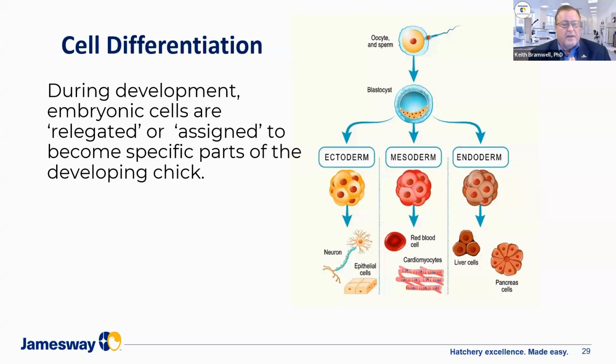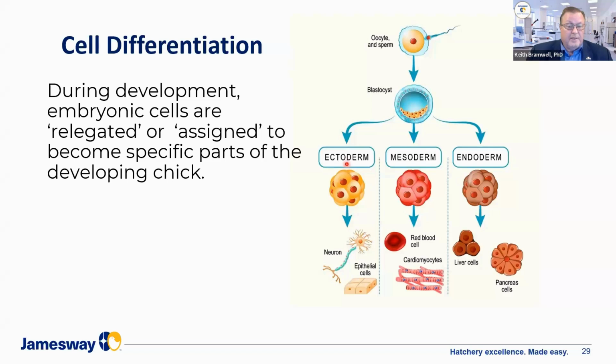But during that development process, once the egg is fertilized and we start seeing embryo development, we have a procedure called cell differentiation. Essentially, that's where certain embryonic cells are assigned to become different parts of the chick. I'm simplifying this very much, but essentially we've got fertilization, and we've got an embryo starting to grow.